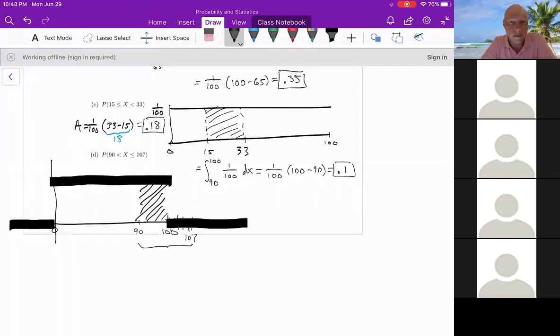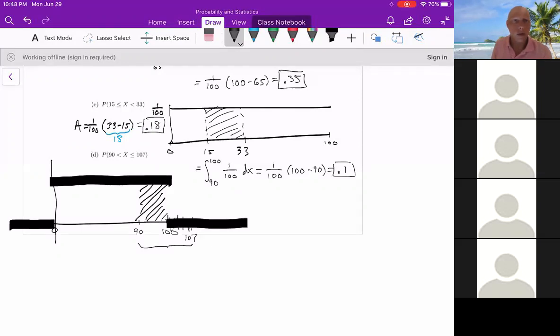Wait, why 107? Because that's what the problem says. The probability that x is between 90 and 107. Oh, sorry, no. So why is it 0? Because you said the PDF is 0, but is it because it ends at 100? Well, we know that it has a non-zero height or curve between 0 and 100.